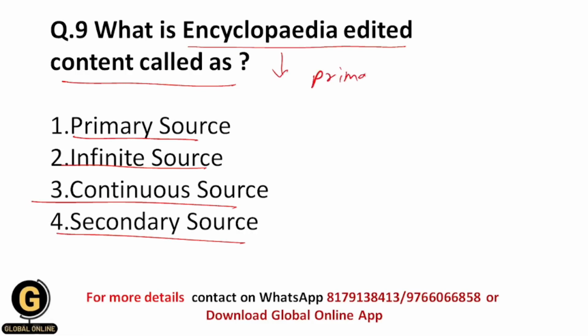Primary source, right? So it is not the original work done by the researcher itself. This is the work done by other people than the primary source, because it is an encyclopedia, and as we know many people write on it. So obviously it should be the secondary source. So the correct answer is 4, that is secondary source, right?